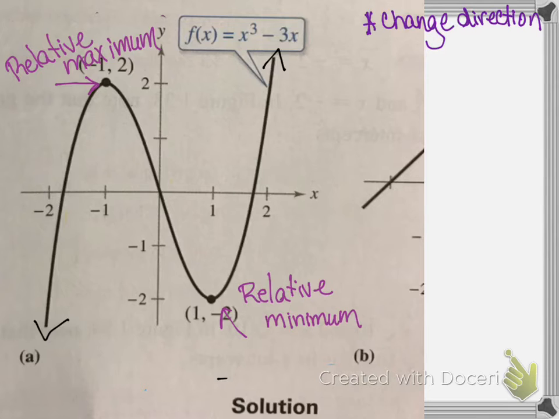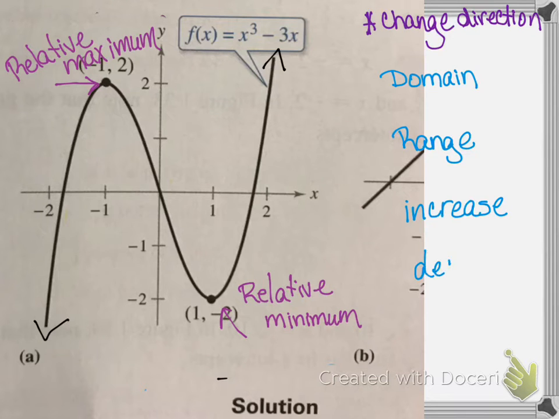That's what's happening. Now, I'm going to give you about 3 minutes, and I want you to identify the domain of this, the range of this, where my graph is increasing, where this graph is decreasing, and where this graph is constant.